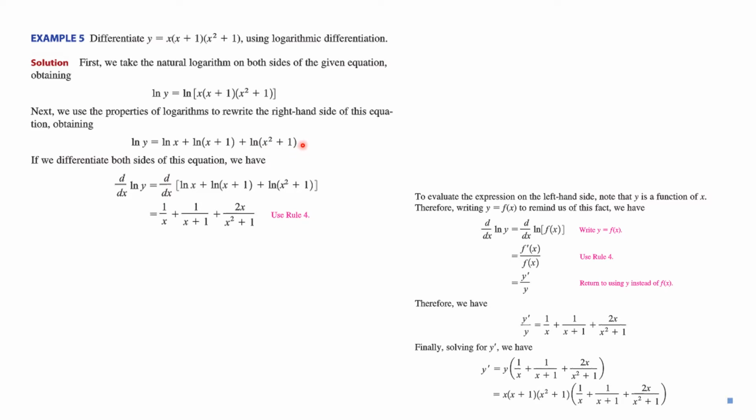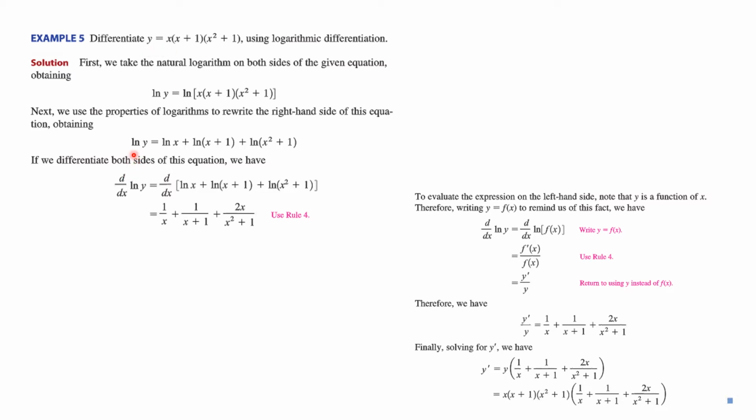And now we're going to take the derivative with respect to x of both sides of this equation. Now, recall when we're taking the derivative of the left-hand side, y is a function of x. In fact, y was exactly this function. So we have to use the chain rule.